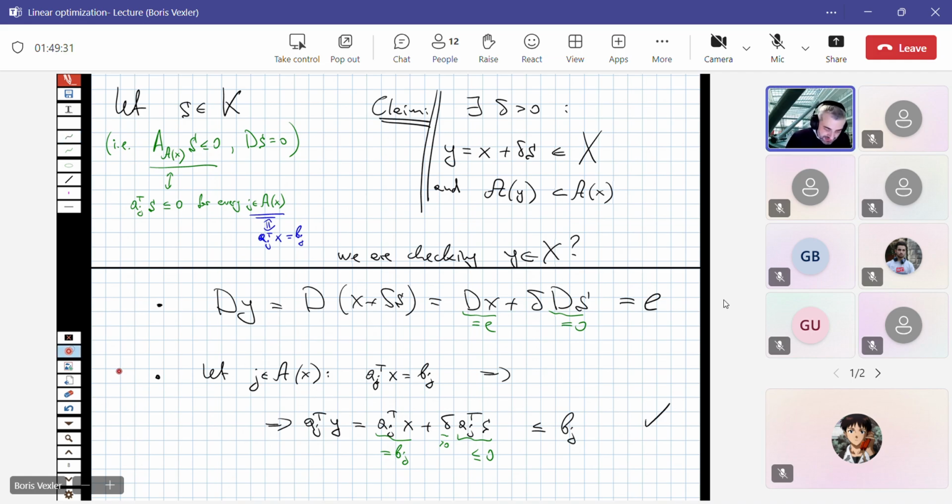It means that for all j from A of x, the inequality constraint in y is always fulfilled. Do you agree?